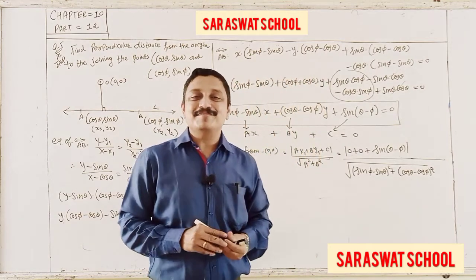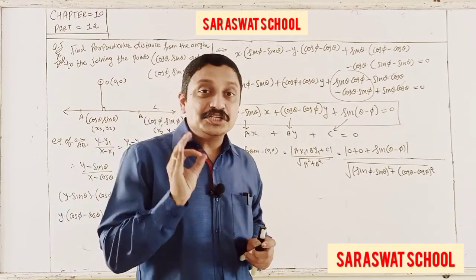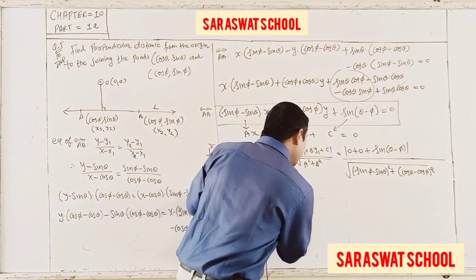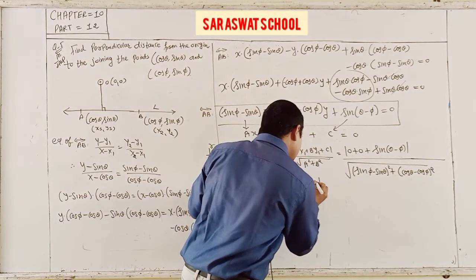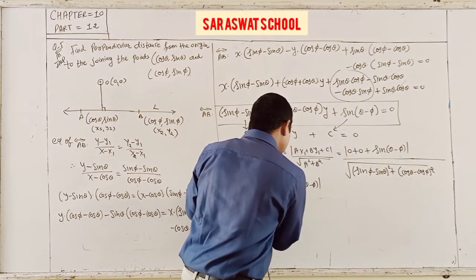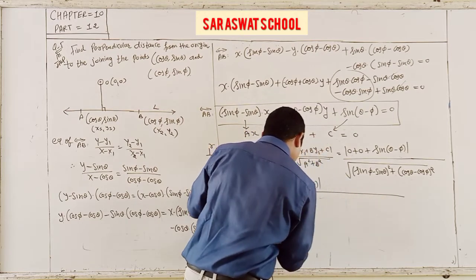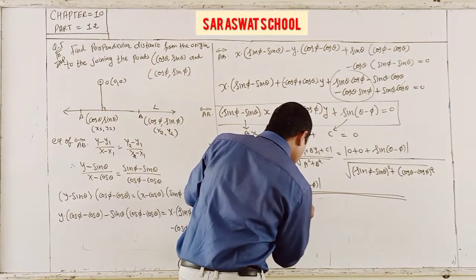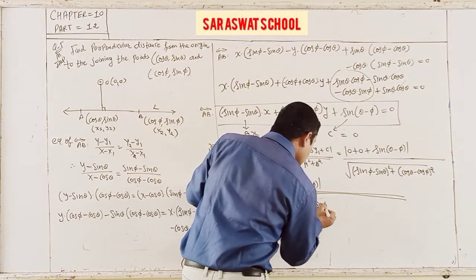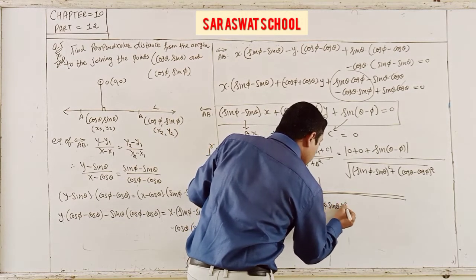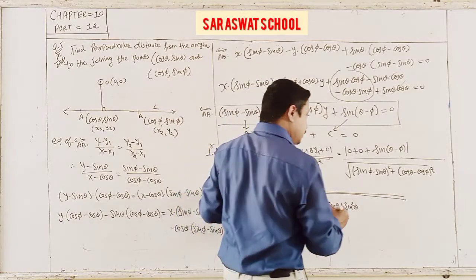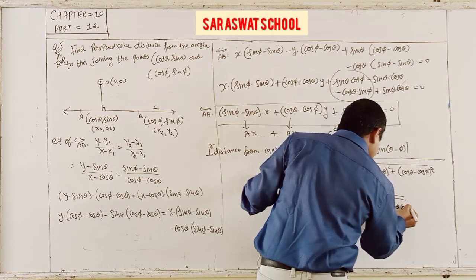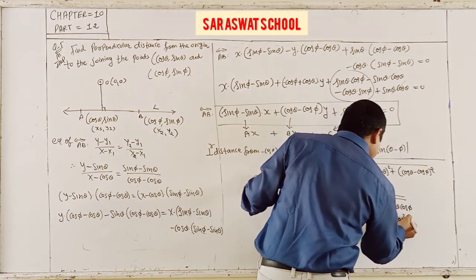Now students, these are simple, I expand one by one. Utilize trigonometric properties and get the answer. I want only sin theta minus phi in the magnitude, but the last part you expand fully, whole square expanded: sin square phi minus 2 sin phi sin theta plus sin square theta plus cos square theta minus 2 cos theta cos phi plus cos square phi.